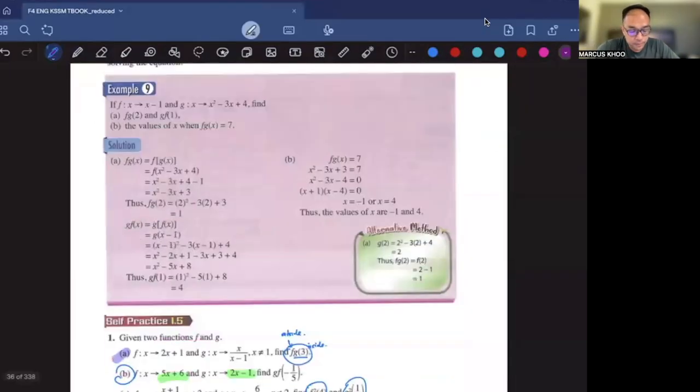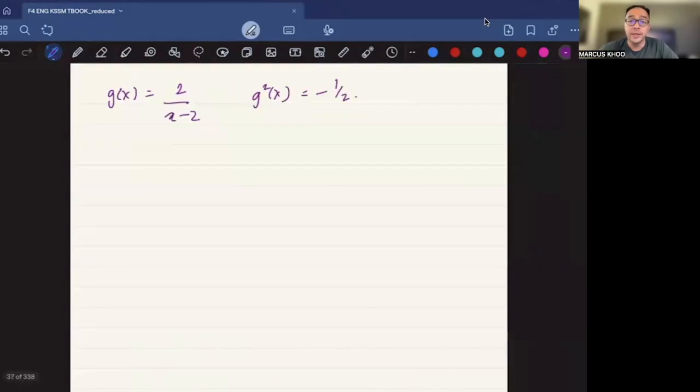So when you have that, obviously this is a complicated one. So let's do the gg(x) first. So I'm going to put the g(x) over here. So this will give us g, and then put the g(x), 2 over x minus 2.